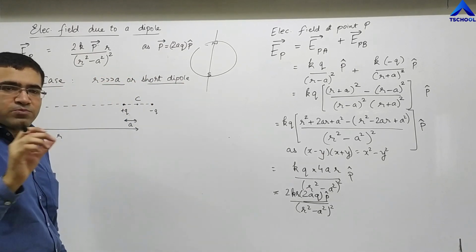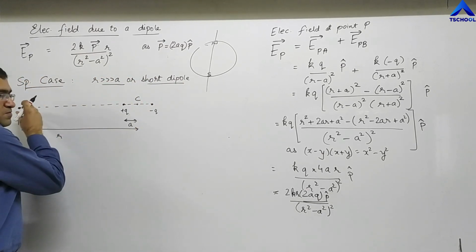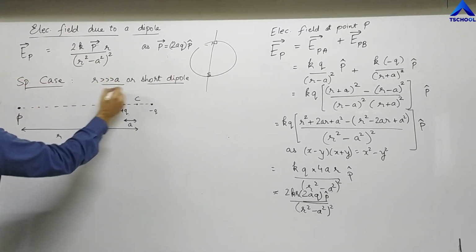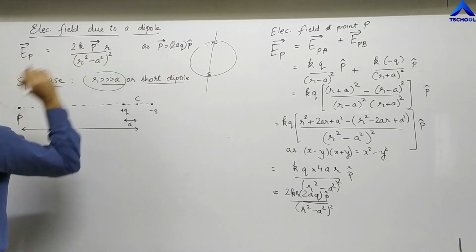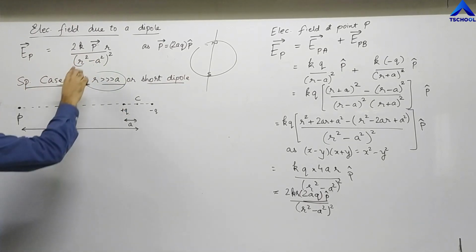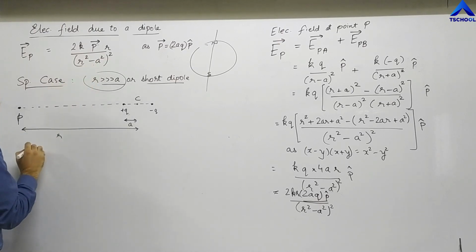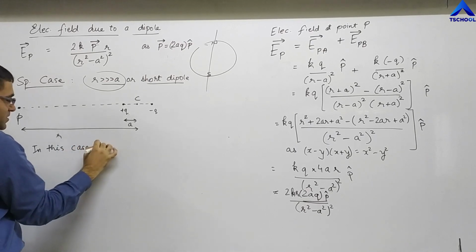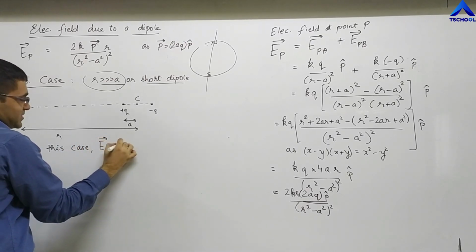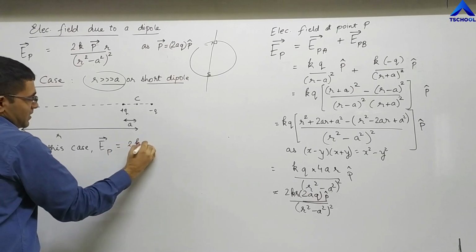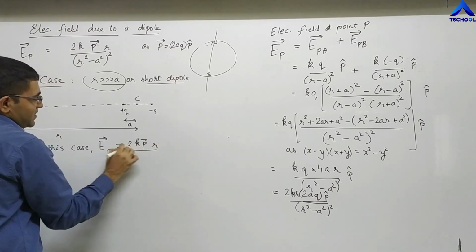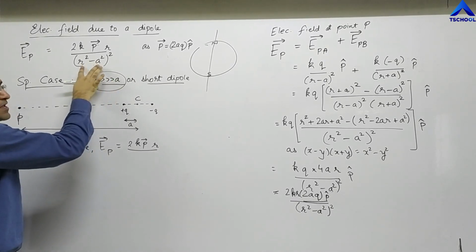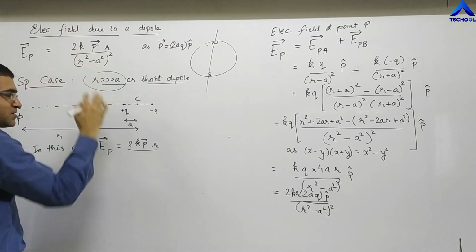Right? Short dipole, small one. The point where we are finding the electric field is really very far. So for such a case, if we use R much greater than A over here, what we get is EP vector equal to 2kp vector R divided by, now because R is much greater than A, R square minus A square is equal to R square.